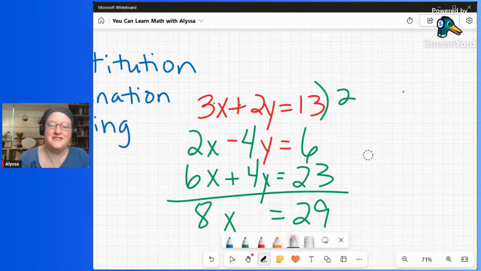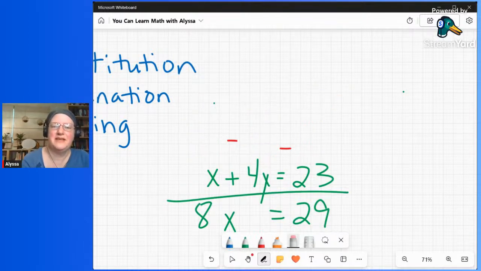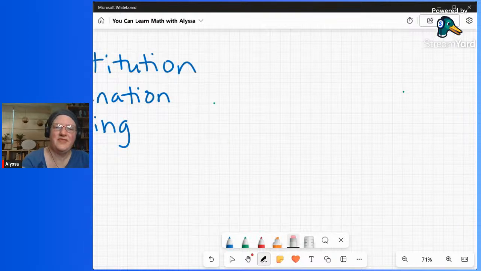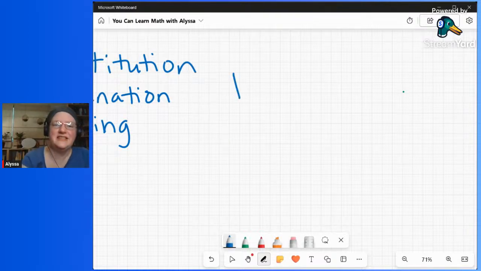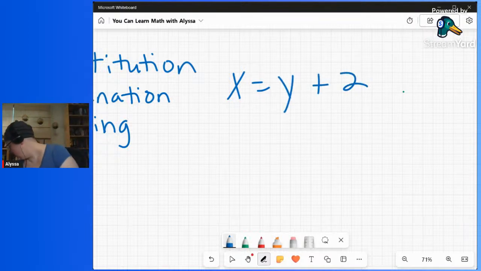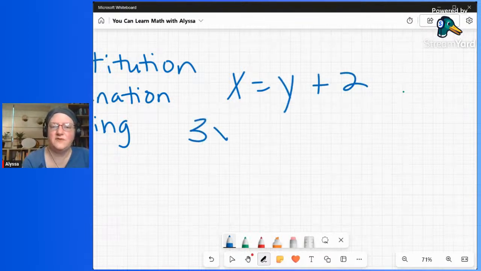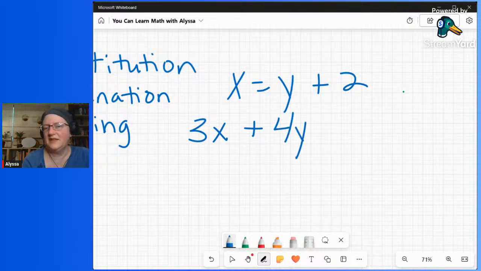All right, I'm going to give you this good substitution one. All right, so for substitution, we have x equals y plus 2 and 3x plus 4y equals 48. Okay.